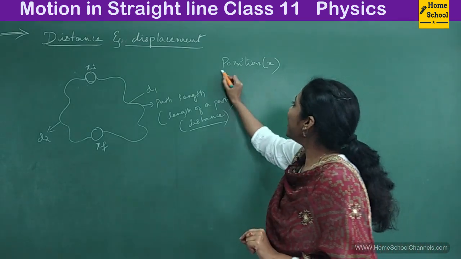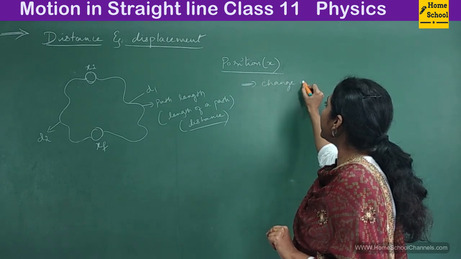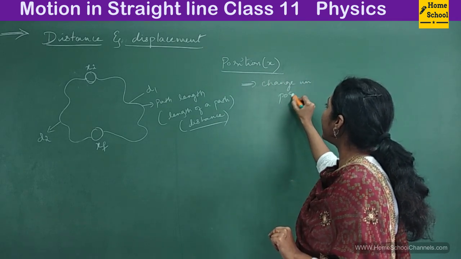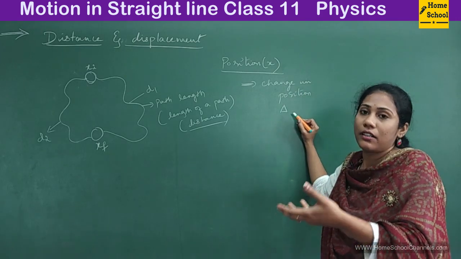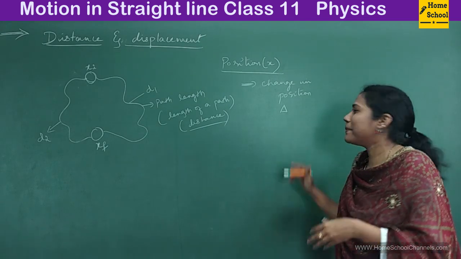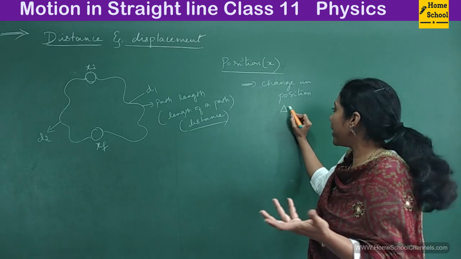So how do you represent change in position? Change in anything, mathematically or in physics and chemistry, we represent with this delta. Delta means change.